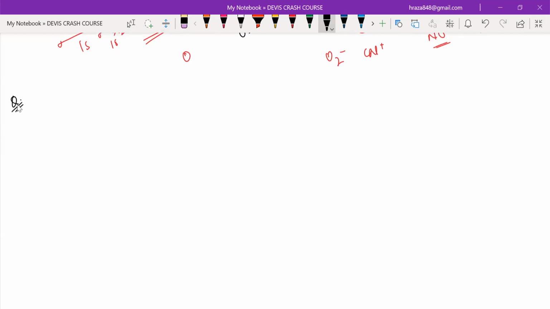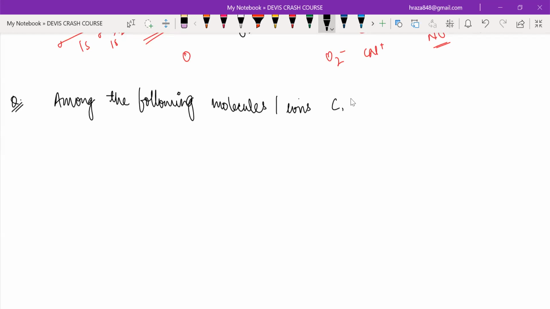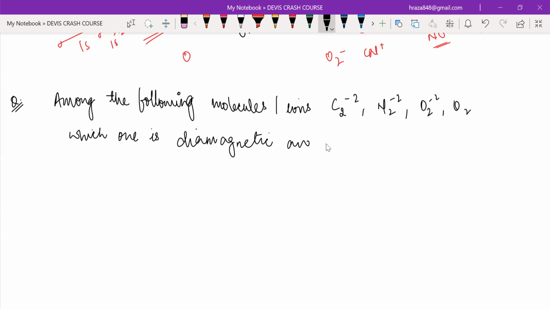So the question is very basic: among the following molecules or ions, C2 minus 2, N2 minus 2, or O2 minus 2, which one is diamagnetic and has the shortest bond length?